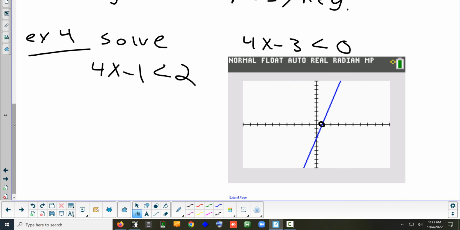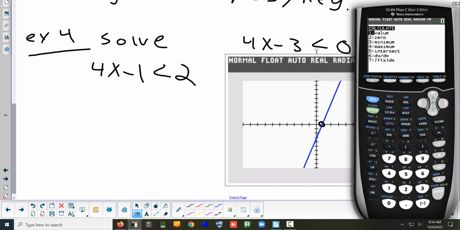If I want to make sure that I stay below the x-axis, would I want to pick x values that are larger than that circle or smaller? Smaller. I want to pick x values to the left because as I go to the left, this graph keeps dropping down. If I go to the right, it's going up and I would be above 0. I don't want to be above. I want to stay below. So we just have to calculate what that number is.